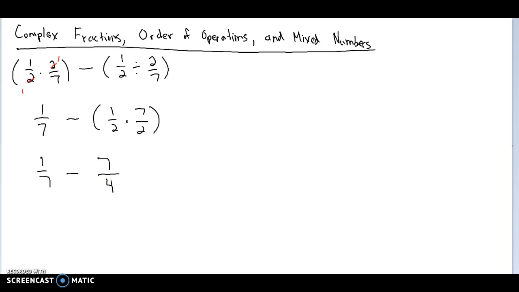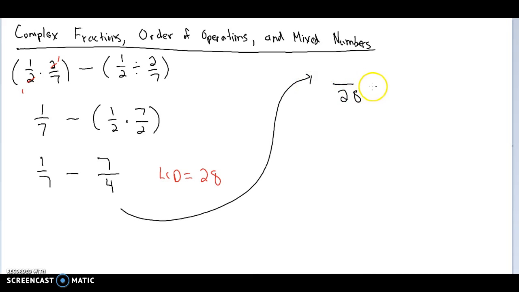All right. So now let's finish this off by subtracting. Now when we subtract, this is where we need our least common denominator. And for 7 and 4, it is going to be 28. So that means we need to rewrite both fractions with a denominator of 28.